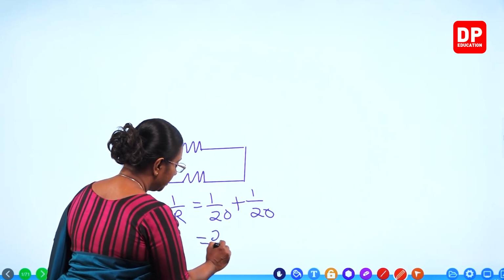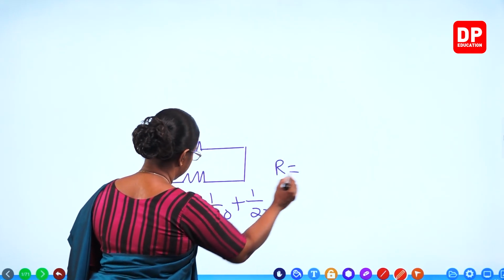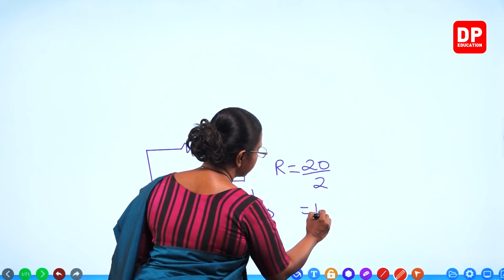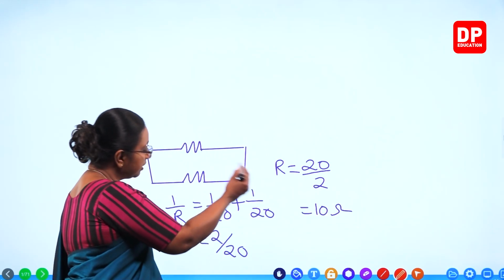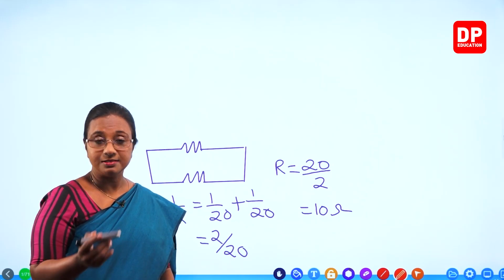This will become 2 over 20. So therefore R will be equal to 20 by 2. So that's going to be just 10 ohm. Even if you have 3, it will be 20 divided by 3.